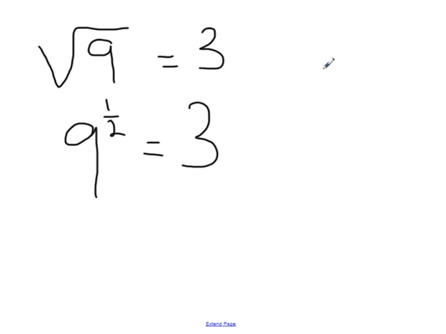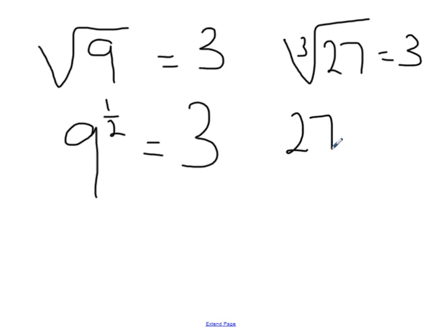If I was to say find the cube root of 27, you know the cube root of 27 is 3, because 3 times 3 times 3 is 27. This could be written as 27 to the power of a third, and this is the same as that.